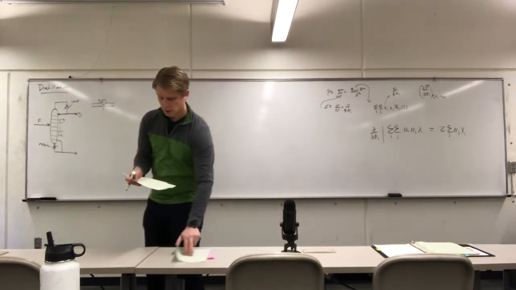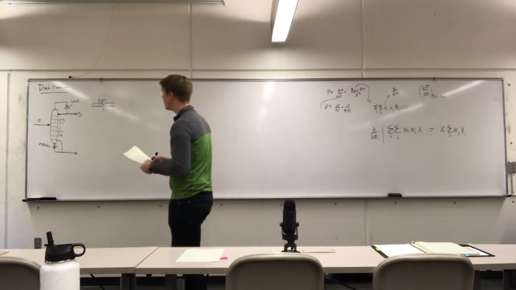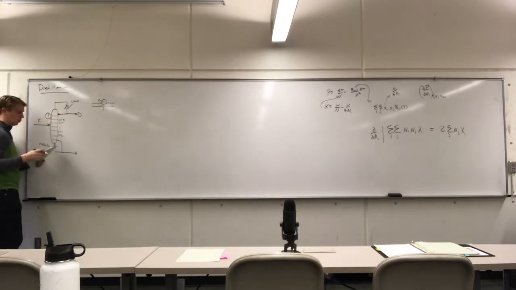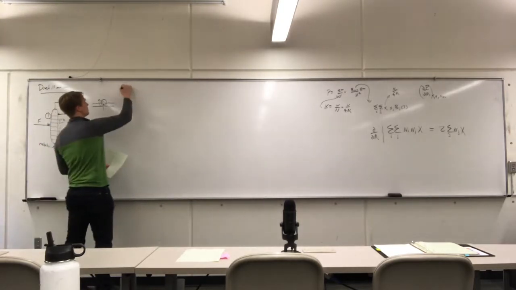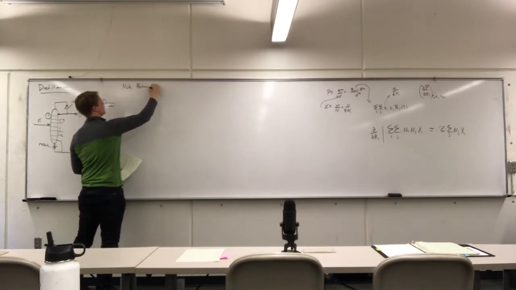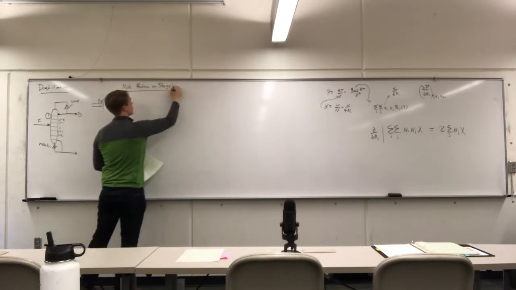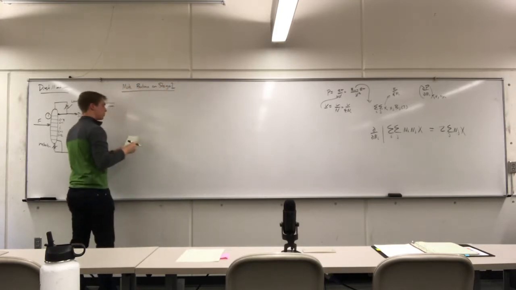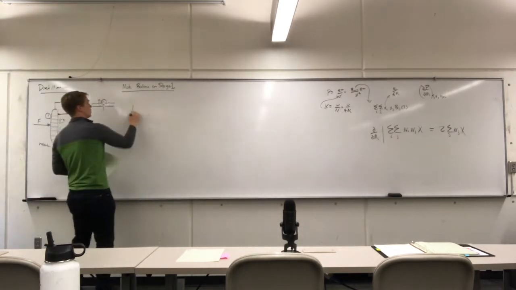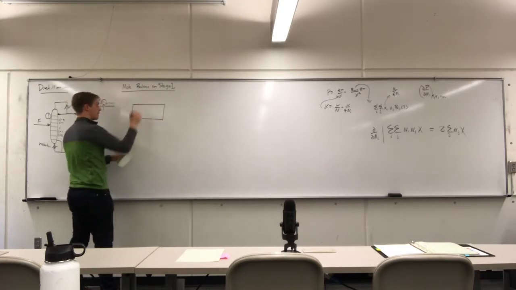Now we went over the different stages a little bit. What we're going to do is a balance around stage 1. This is picking up where we left off. So in stage 1, we'll draw it out as a box, keeping track of all the material that enters and leaves.